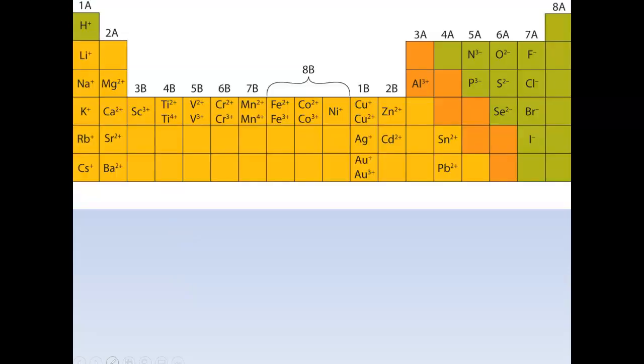So let's write electron configurations for atoms and ions. Fluorine: its atomic number is 9, group number 7A. That means that it has 9 electrons.